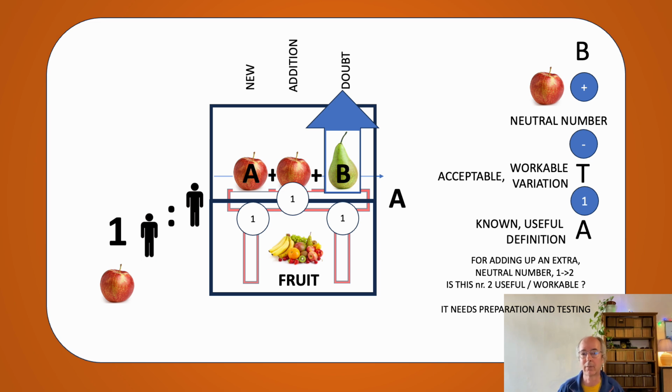We will count it into 1 category, so within 1 whole, or we count it as neutral numbers. The conditions that we use to say, okay, here it is still workable, are compared to the letter T. The T is actually the conditions of our definition of 1, so that we can still treat it as 1.